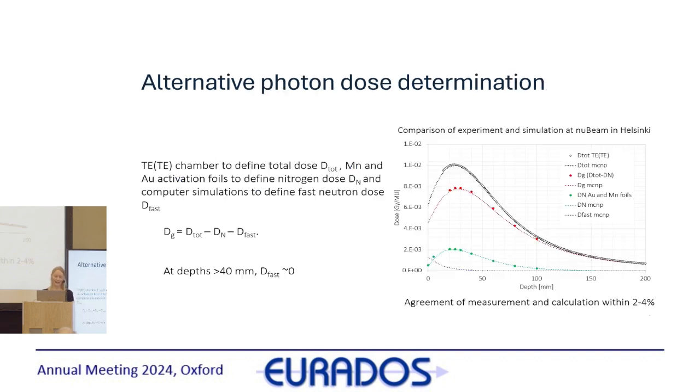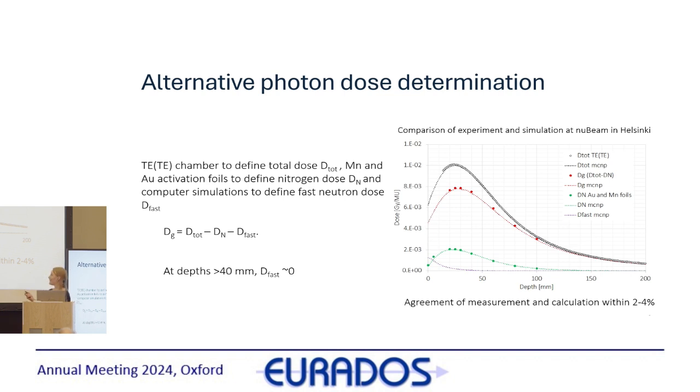There's an alternative way to do photon dose determination. We measure the total dose with the T chamber, then we use the nitrogen dose definition with the foils, so we measure nitrogen dose with the activation foils, and then we just use the simulated fast neutron dose component, and subtract nitrogen dose and fast neutron dose from the measured total dose, and then we have an almost experimentally defined photon dose.